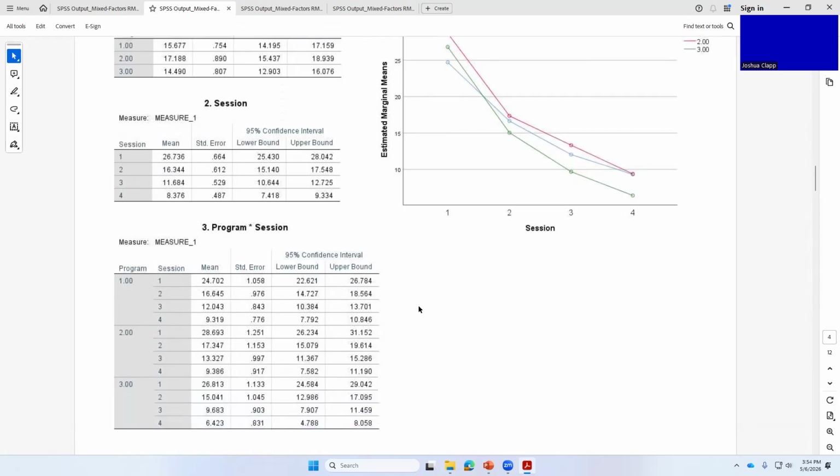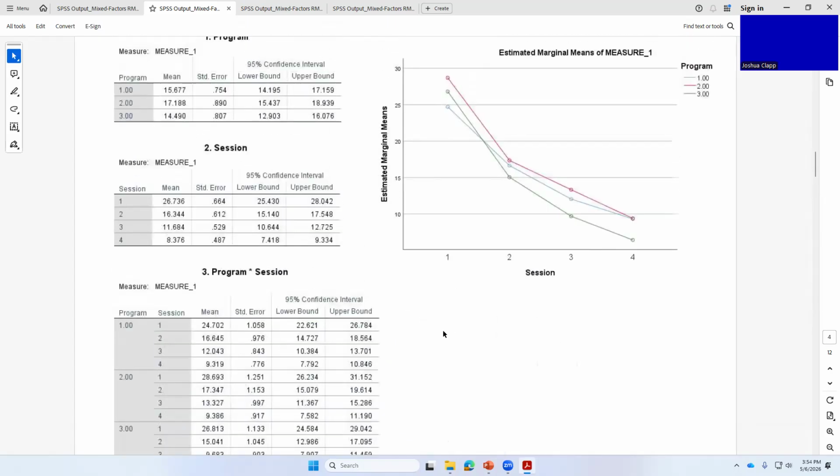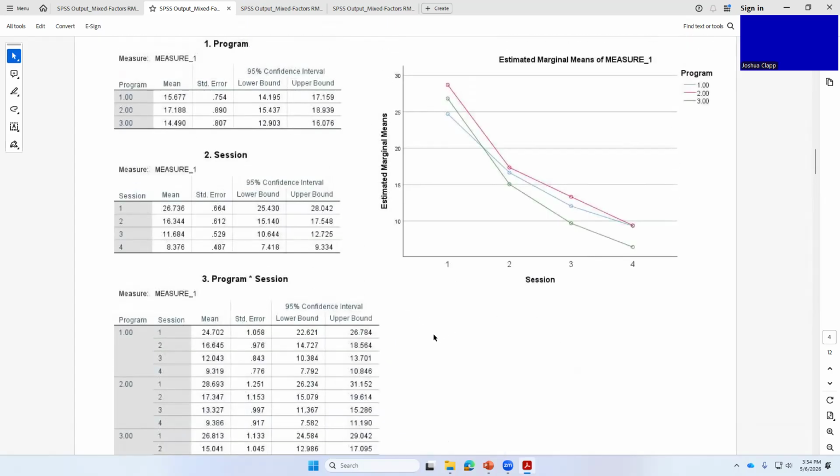Catherine, so we know that we've got some differences in the pattern of means across repeated assessments within this set of scores. Just looking at the graph, what would you make of that? I guess it kind of looks like programs 1 and 2 might be changing in a similar pattern, and program 3 might be a little different.